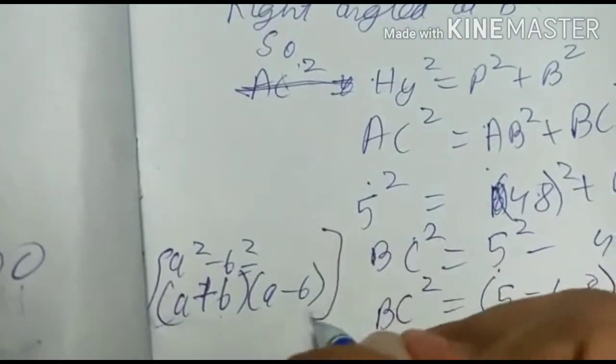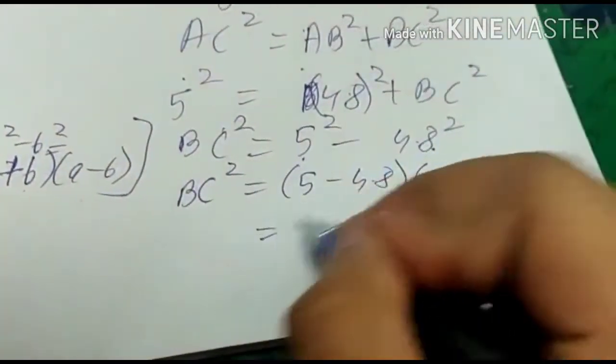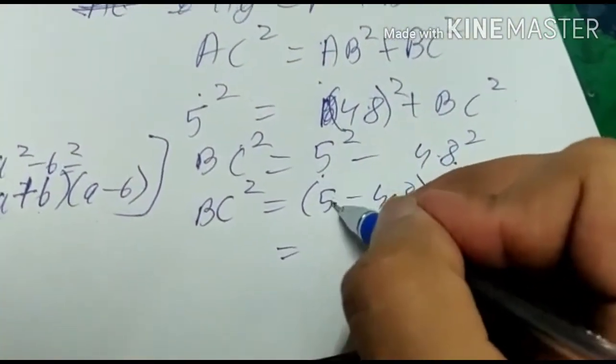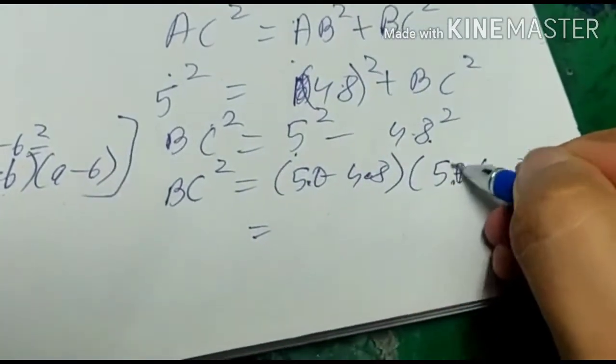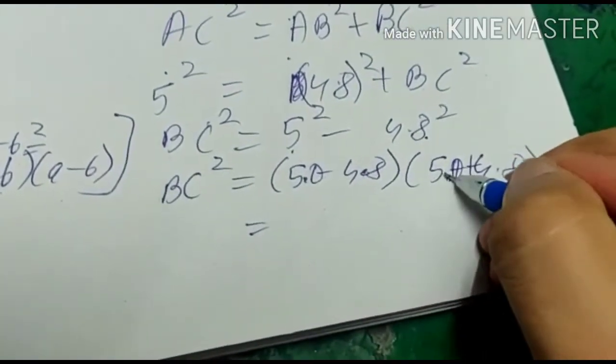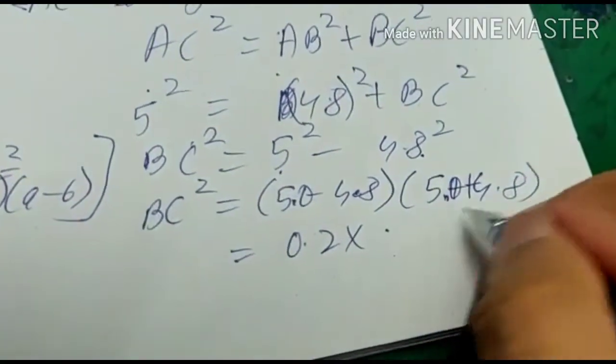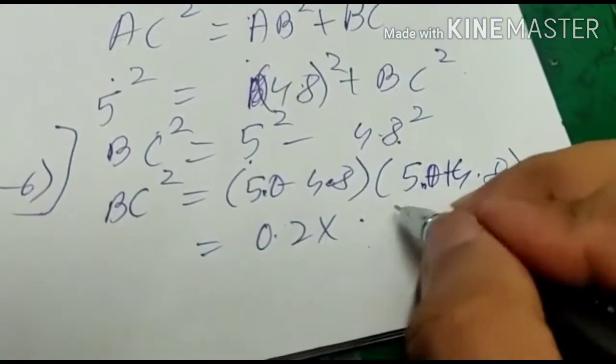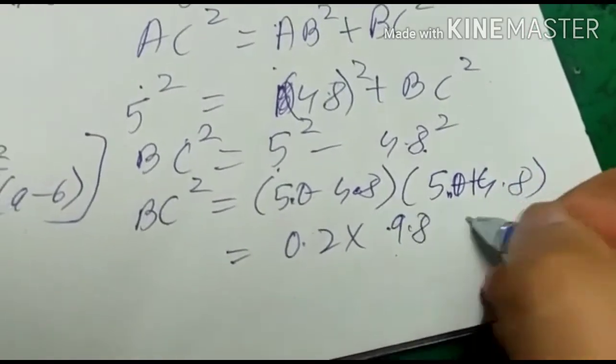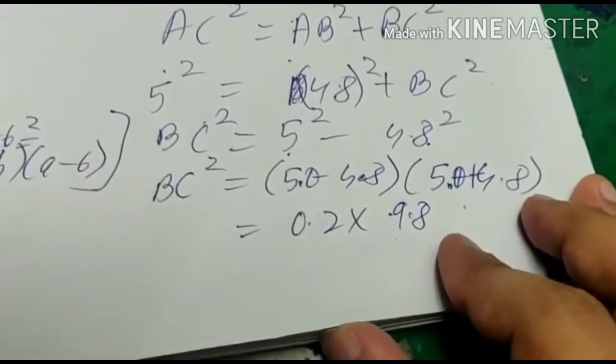So I did this thing here. 5 minus 4.8 means 5.0 minus 4.8, which is 0.2, multiplied by 9.8.